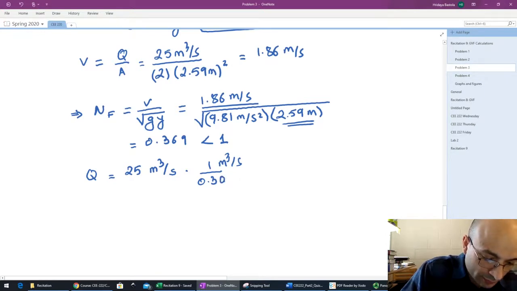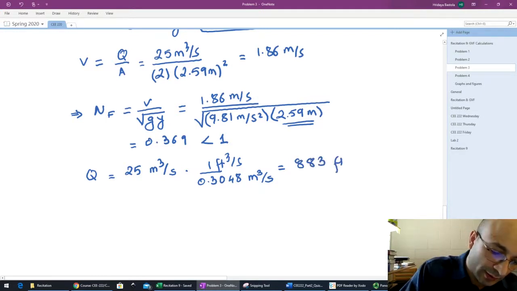Once we use the conversion, we'll get Q of 883 cubic feet per second.